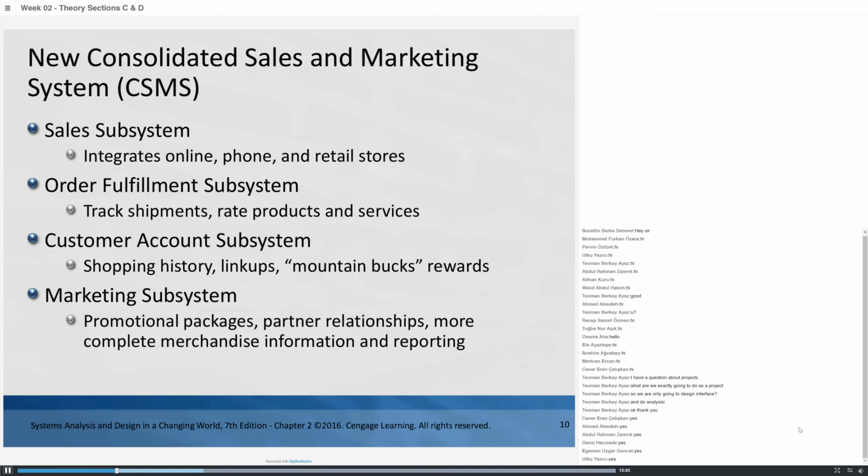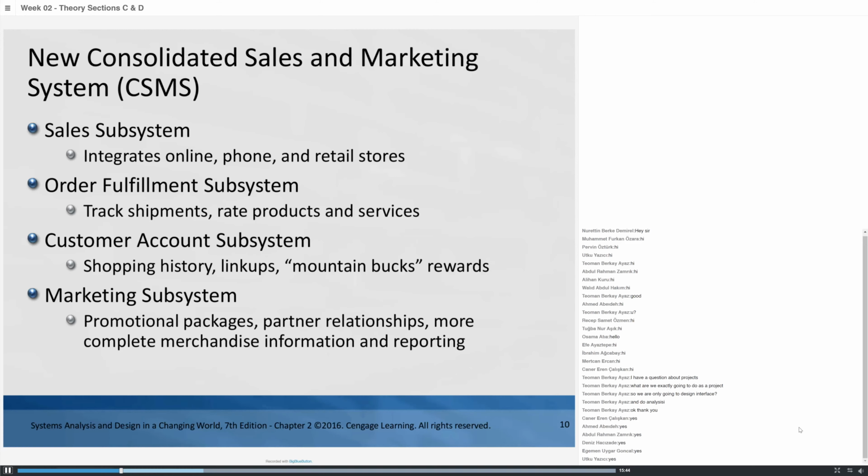For example, the system should provide suggestions about accessories that can go with the purchased item, right? Also, images and videos of the product should be available to help customers see various items and alternatives. This system should also provide information to shoppers about related purchases made by other shoppers.